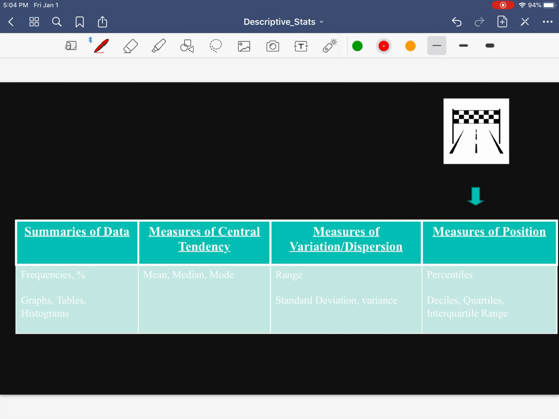High standard deviation means that the other data points vary a lot from the mean. Lower standard deviation tells us that the other data points do not vary much from the mean and they're closer to the mean.